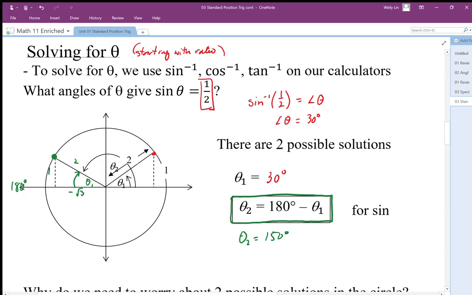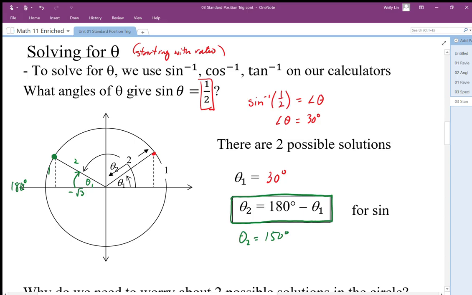There is also a formula. What I highlighted in green here is a formula to find the second angle for sine. And these are distinct angles, as opposed to the coterminal angles that we dealt with before, where we had two different angles that gave us the same position. These are different positions. When we have a ratio, there are two different positions that it can occupy.